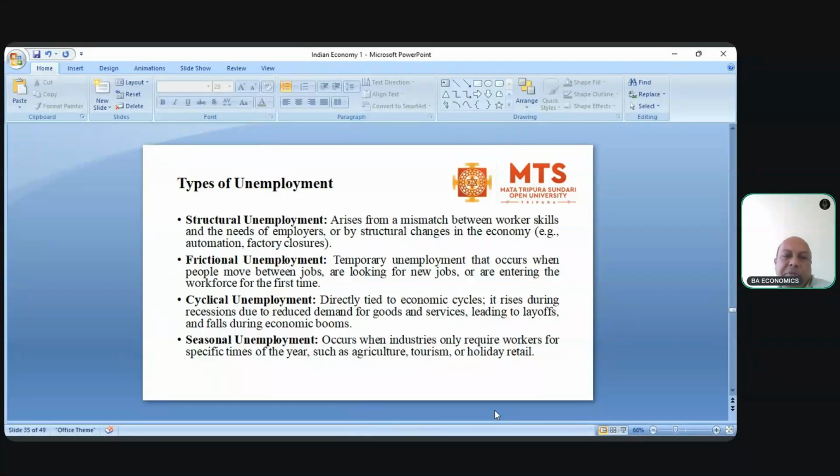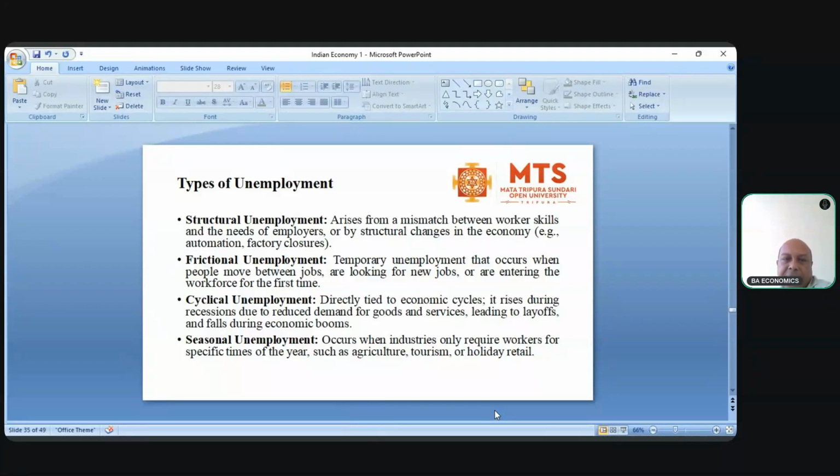Many times it has been found that vacancies exist in the economy, but industrialists or firms are unable to find suitable workers, because they cannot find workers who have the skills needed for such work. Basically, it means unemployment arises due to a mismatch between worker skills and the needs of employers.